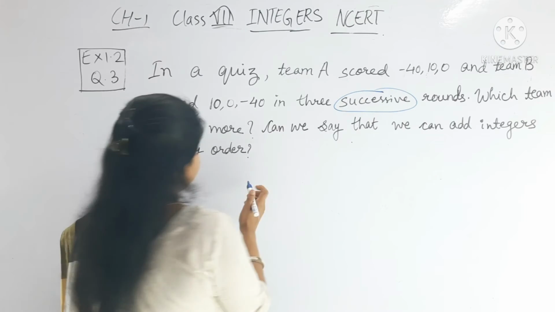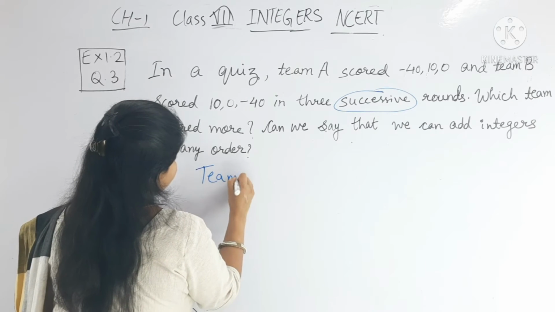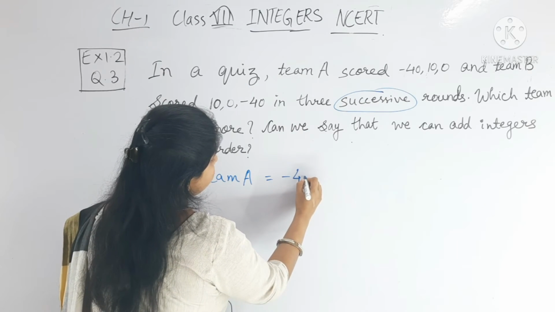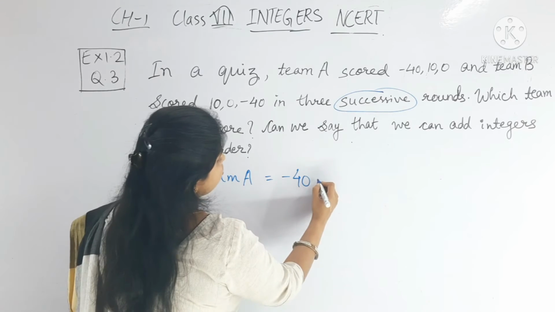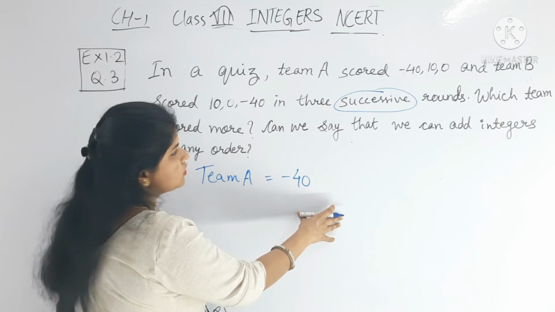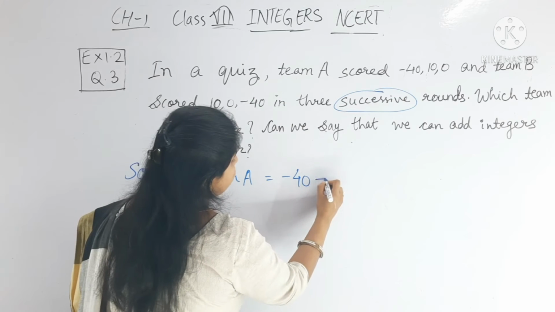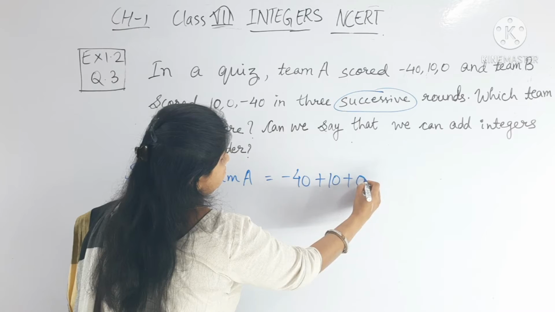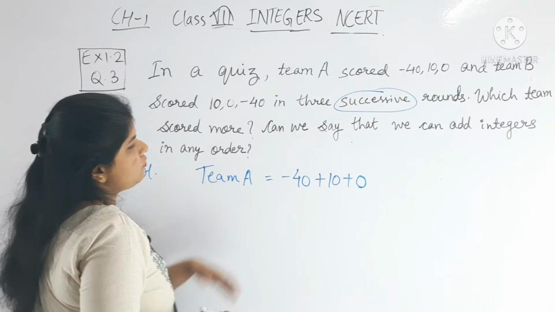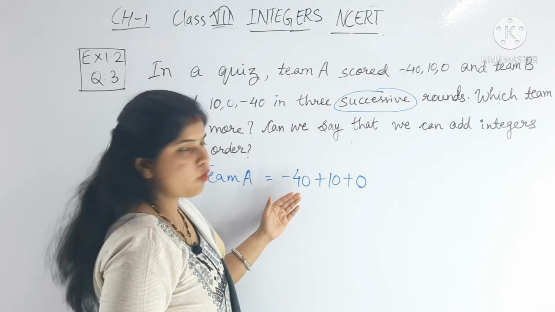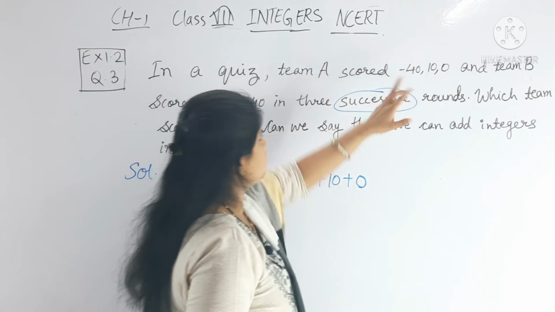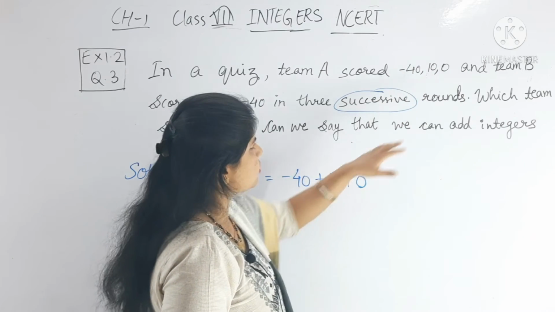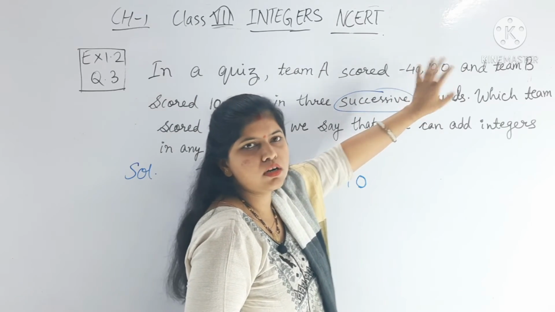So first we will take team A. In the first round team A scored -40. So we have to add all these scores, -40 plus 10 plus 0. In the second round the score is +10 and in the third round team A scored 0.